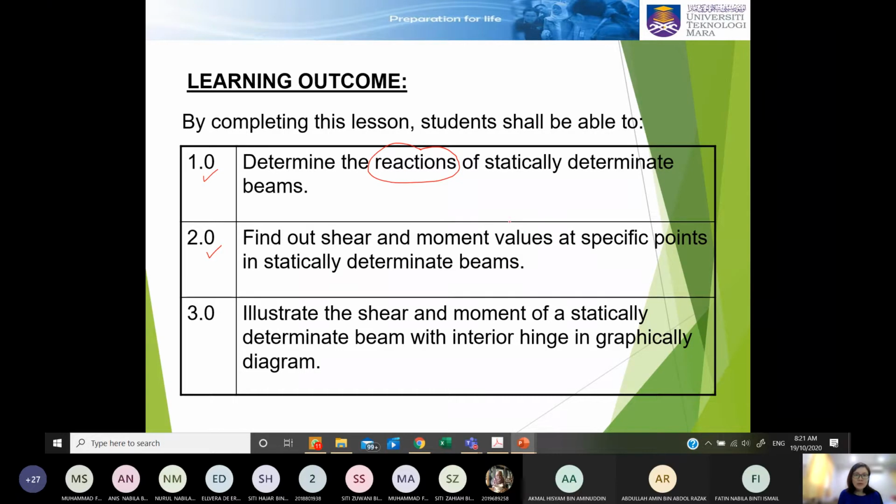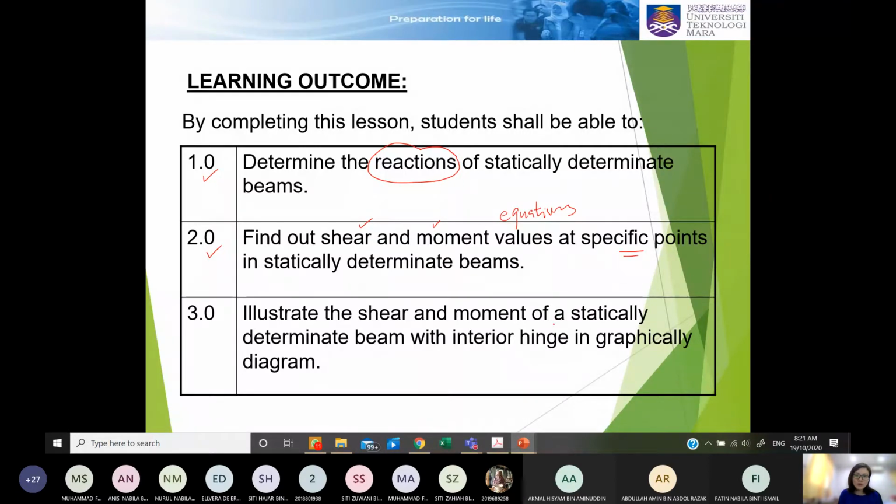Maybe I would prefer to say the equations of shear and also bending moment for statically determinate beams. From the equations, you are able to know exactly the shear and moment values at any point in your statically determinate beam.